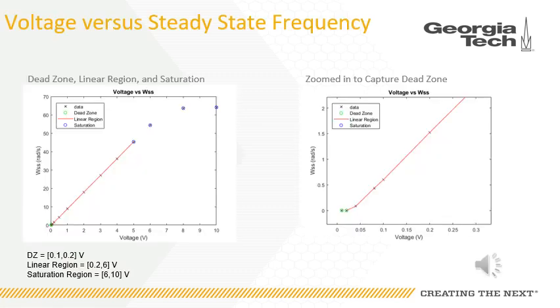Now let's talk about the voltage versus steady-state frequency. In the left image, we've indicated the dead zone, linear region, and saturation region. And on the right, we've zoomed in on the dead zone region to more clearly indicate where the bounds occur, which is between 0.1 and 0.2 volts. The linear region is found between 0.2 and 6 volts, and lastly, the saturation region is between 6 and 10 volts.